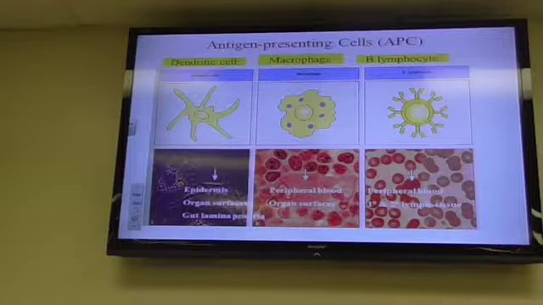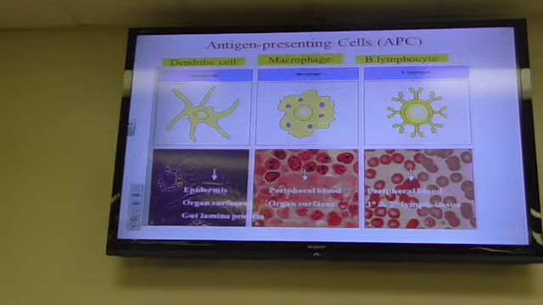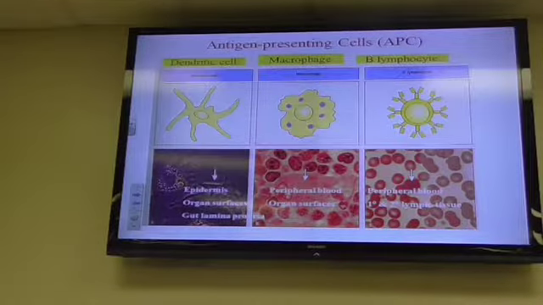Again, repeating, the T lymphocytes do not recognize antigen when it enters the body, but it's the antigen-presenting cells, such as these, that take up, phagocytose it, break it down into small peptides, and then present it to the T cells. So these are antigen-presenting cells: dendritic cells, macrophages, and B lymphocytes.